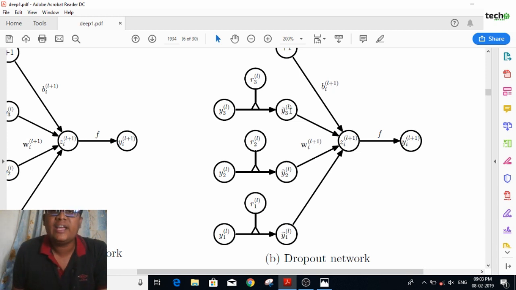How is this Yi generated? You just multiply this random probability with a Y3, the output of a previous layer. After adding all these layers, we obtain a Zi, and the next procedure remains the same. We apply a ReLU function here in order to obtain the output.